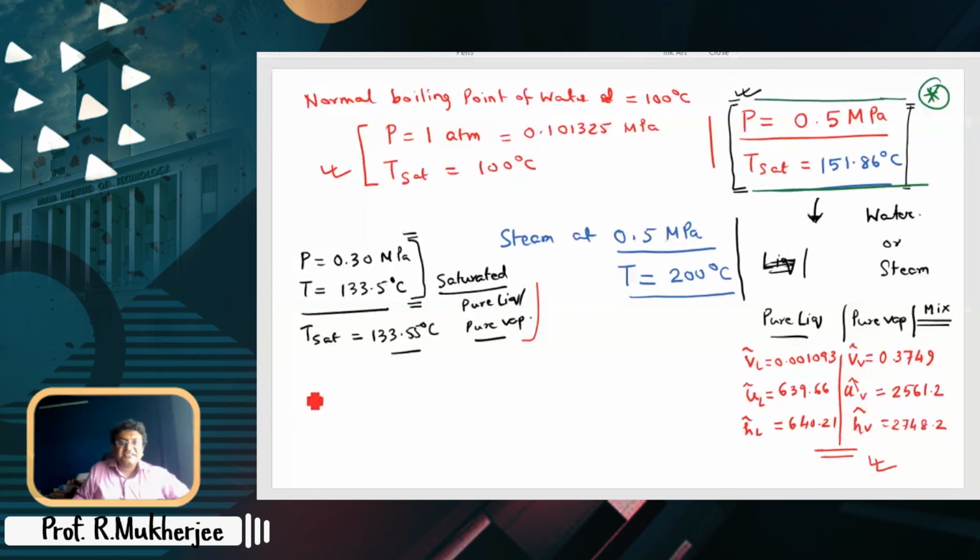The changed statement is, you have a system where your pressure is 0.30 megapascal, temperature is 133.55 degrees centigrade, and your specific volume is 0.0092 meter cube per kg.